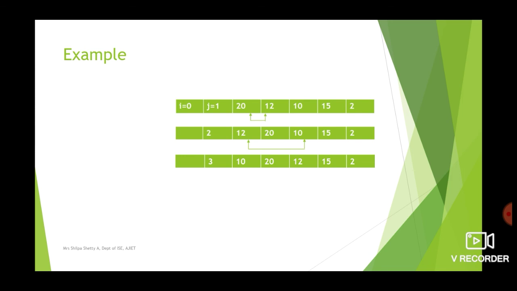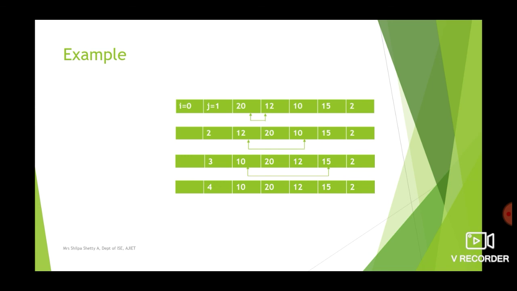In the next iteration, the first element is compared with the fourth element. Currently in the first position we have 10 and the fourth element is 15. So 10 and 15 are compared, and 10 is smaller than 15, so there is no change in the position of elements. In the next iteration, 10 and 2 get compared, and 2 is smaller than 10, so 10 and 2 get swapped.